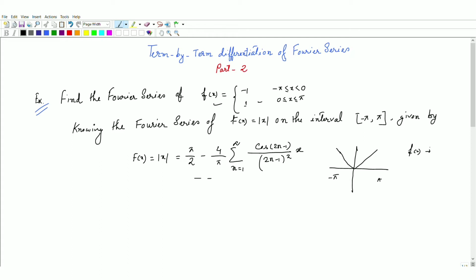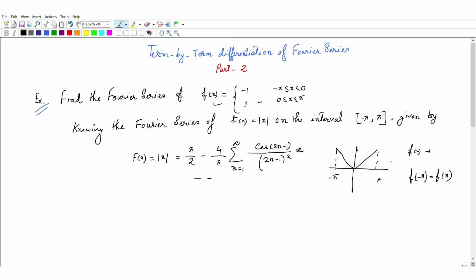So f(x) = modulus of x is continuous in the defining interval, and if you see f(-pi) and f(pi), both are equal. Okay, these values are equal.